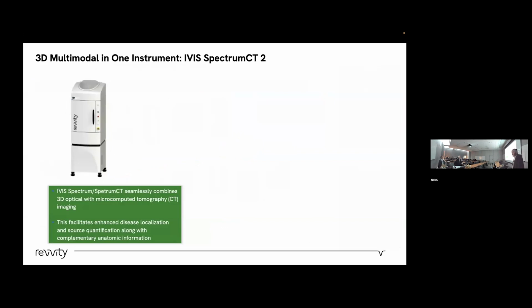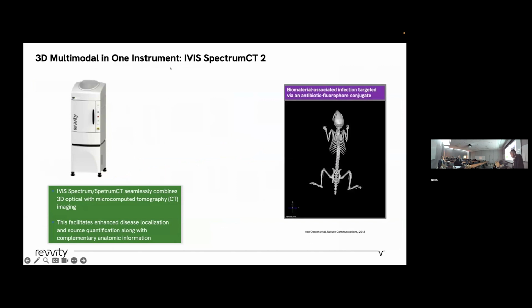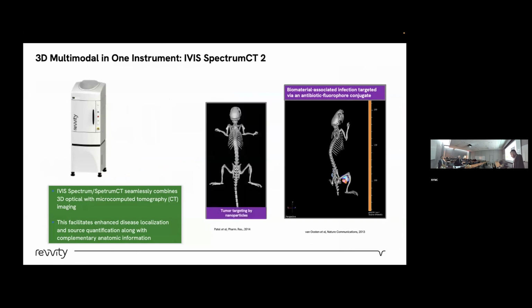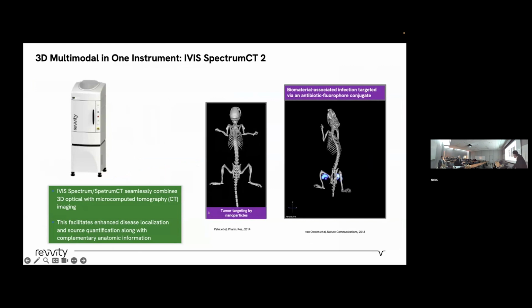3D multimodal is in one instrument for the CT that we have, and you see here significantly the biodistribution and biomaterial associated with this phenomenon. Here also the tumor targeting with nanoparticles that you can have on this machine.